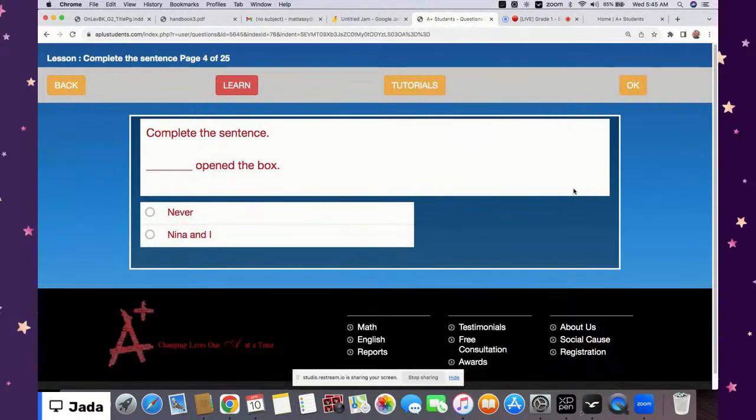What's the right answer here? Nina and I. Okay, good.